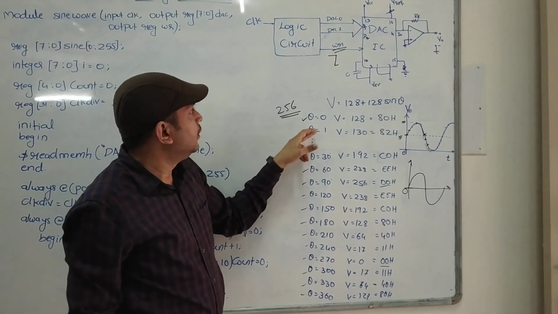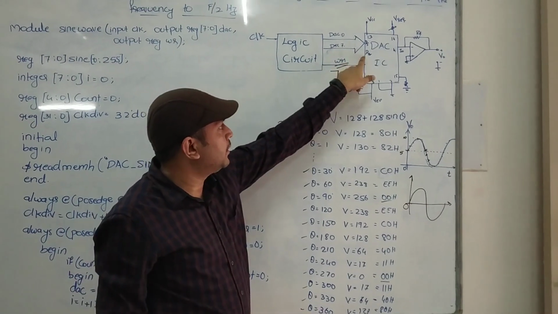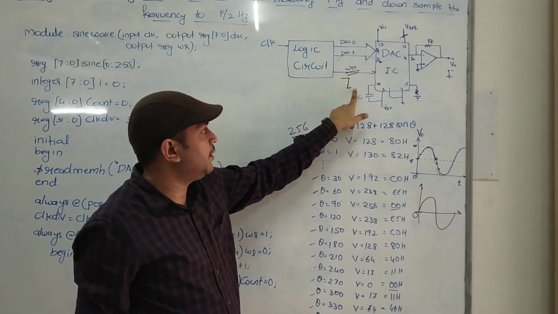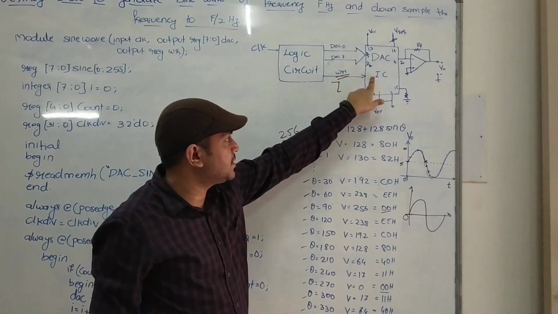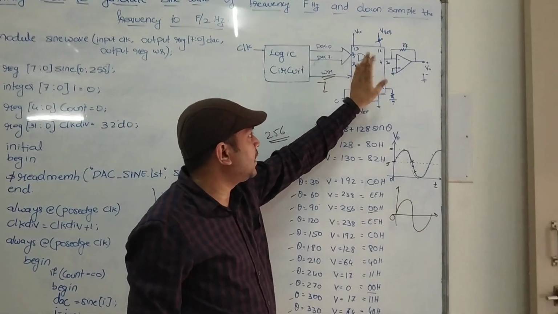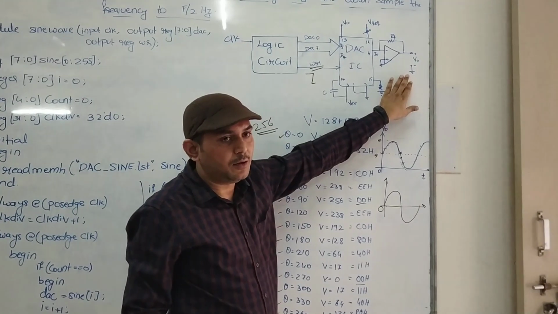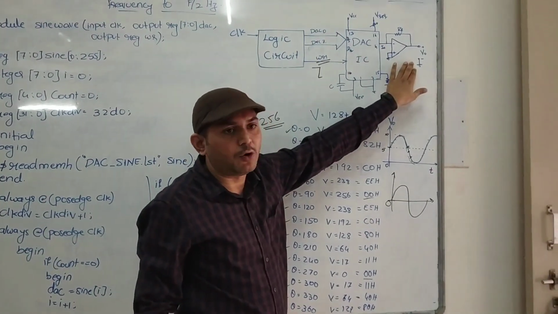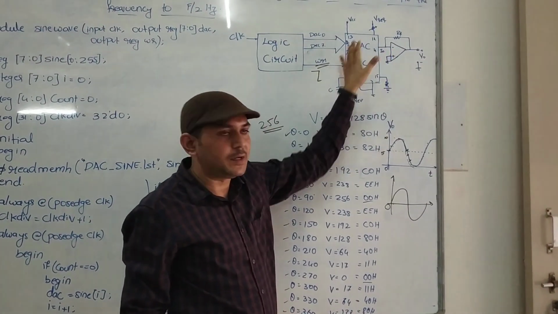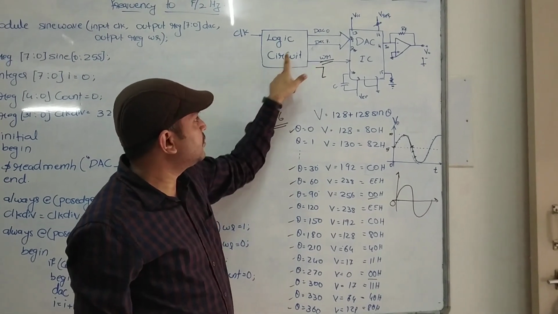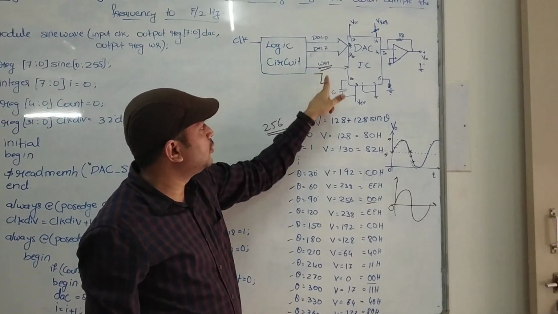For every digital value transmitted, a high to low transition has to be made so that the digital data gets latched, and this DAC IC will convert the latched digital data into analog output. That's how it is. So your logic circuit has to send the data and also send a high to low transition.